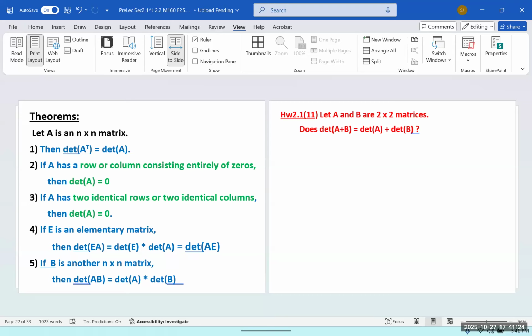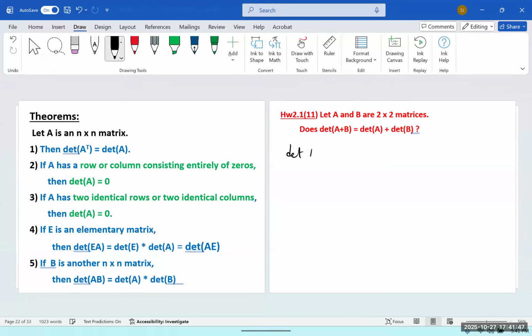I was thinking making the determinant of A to be 0 somehow, and then B is not 0. So the determinant of A plus B would be something non-zero, but the determinant of A plus the determinant of B would be the determinant of B. So if the determinant of A is 0, but the determinant of B is, let's say, 2, then the determinant of A plus the determinant of B is 0 plus 2, which is 2.